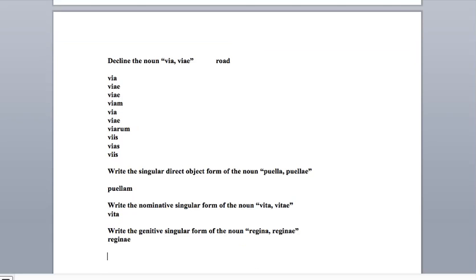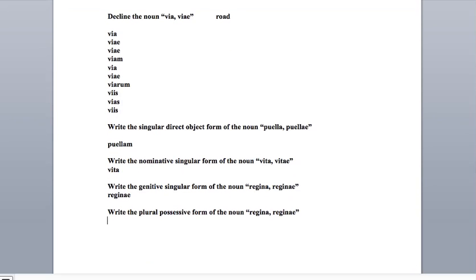I might ask you to write the plural possessive form of the noun regina. If I ask you to do that, you're going to have to think about what case shows possession, and remember that that's genitive. You have to remember that I'm asking you to do plural.